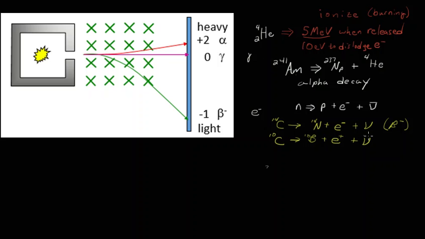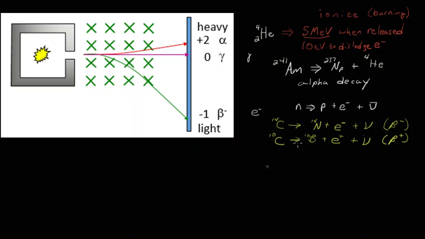We'll talk about exactly what these are much later, in another lecture. That's called beta positive decay. So if you see the positive, that means it's a positron, or an anti-electron. If it's negative, it's an electron.